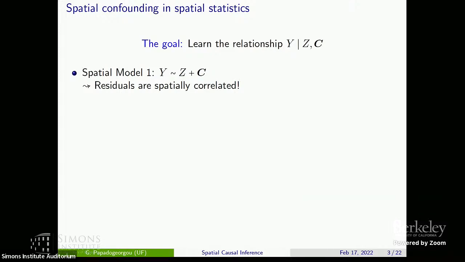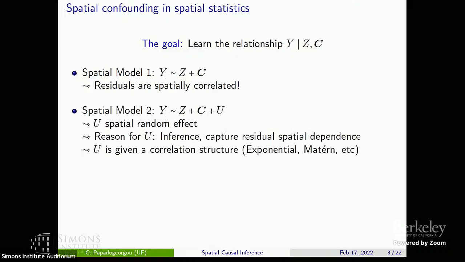Then your assumption that the residuals are independent is violated. Spatial statisticians don't like that because they want to make inference on their coefficient. So often they include a spatial random effect in that regression, with the idea that it is going to absorb all of the spatial correlation in the residuals, and now their inference on the coefficient of the exposure will be correct.